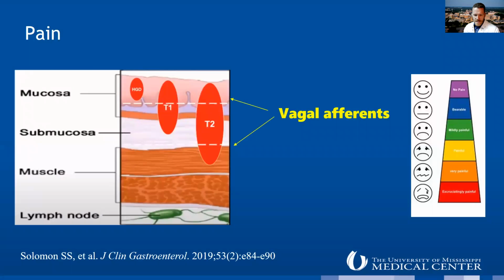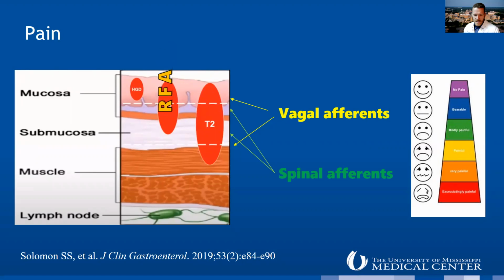And that has a big impact when we think about pain in particular, as we have vagal afferents and spinal afferents in the mucosa, submucosa, and muscularis propria as indicated.